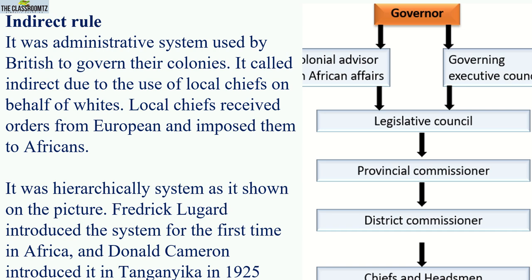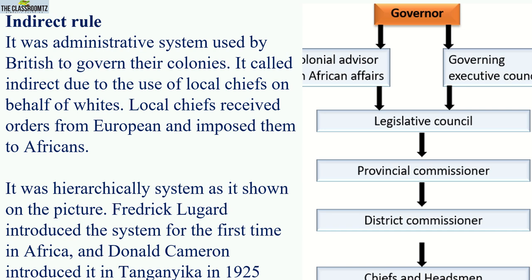In that way, African chiefs were there on behalf of Europeans. Because local chiefs led the area on behalf of Europeans, it was called indirect rule. Not direct, we are not seeing Europeans governing there, no. In indirect rule, African chiefs were the leaders.